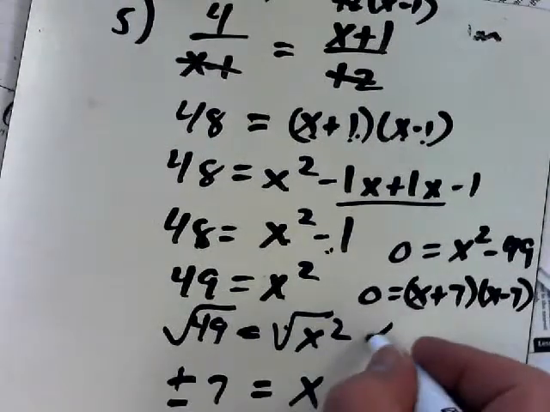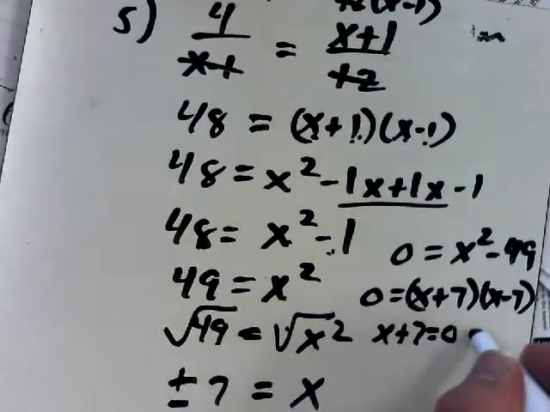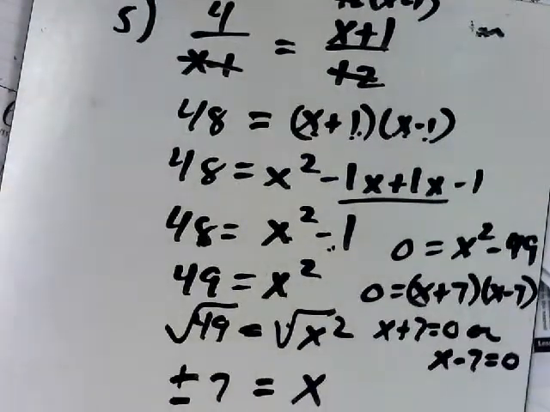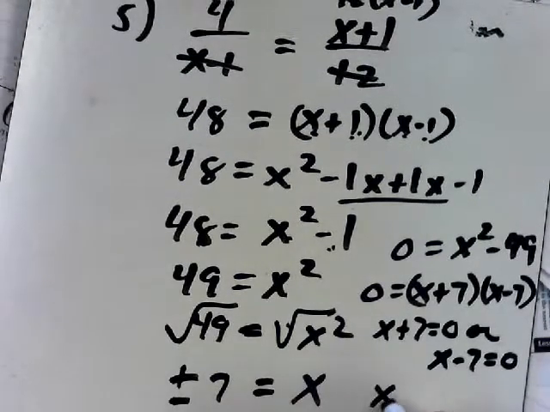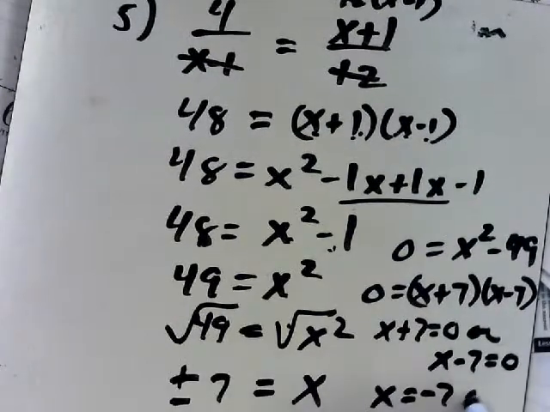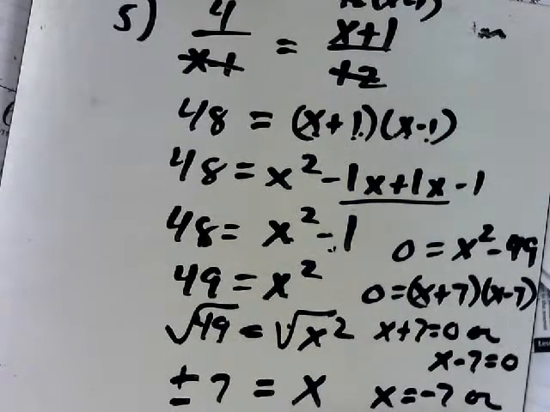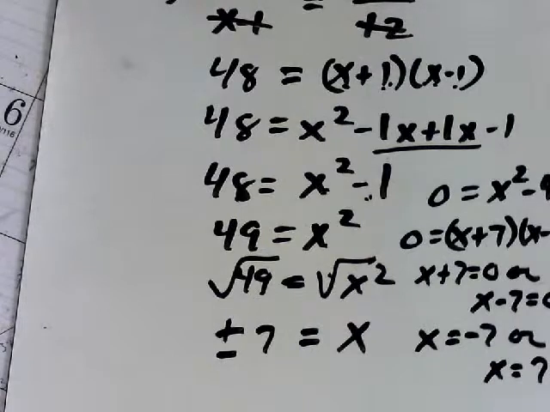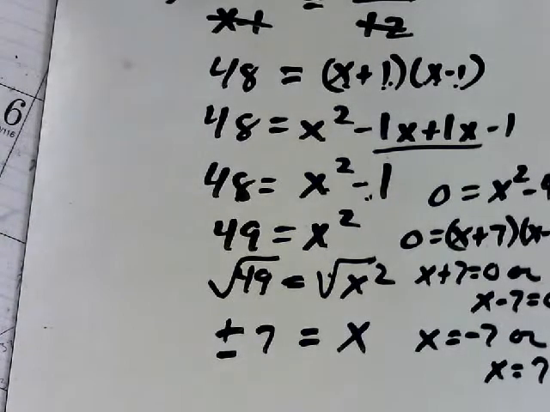Which means x plus 7 equals 0, or x minus 7 equals 0. X will equal a negative 7, or x will equal positive 7. Which way is more correct? Neither one. They're both exactly the same. Okay? So it can be done either way. Okay?